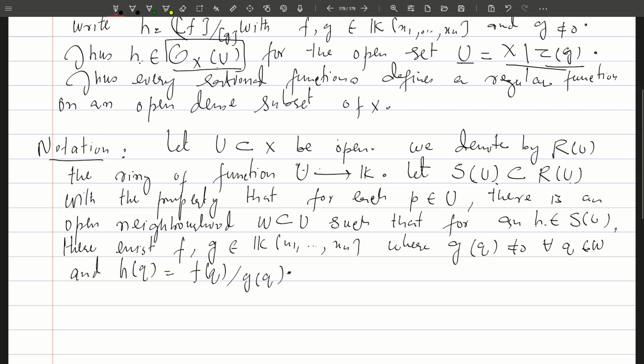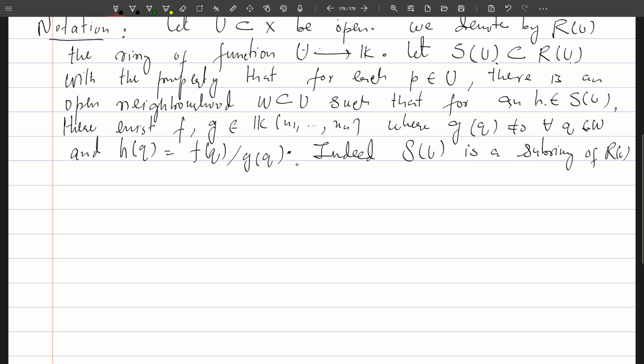Indeed, S of U is a subring of R of U. Now we claim that this S of U, we can identify with the ring O of U. So this is our claim.